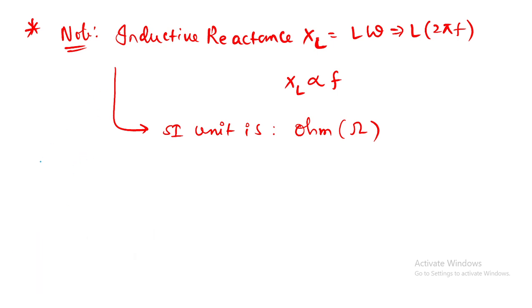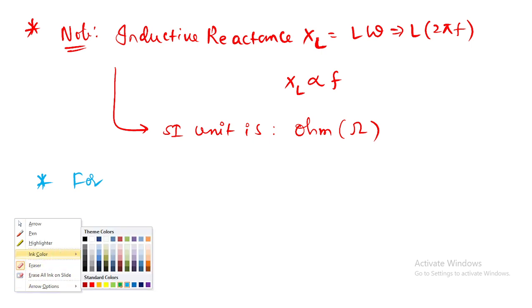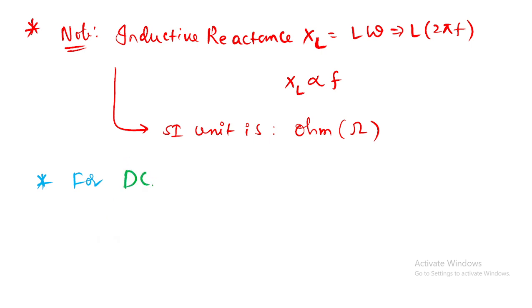Other point also I can write. For a DC, what is a DC, buddy? Direct current. Direct current is independent of frequency. For a DC, frequency is completely 0. Then what about XL now?